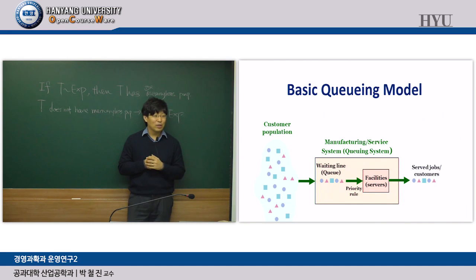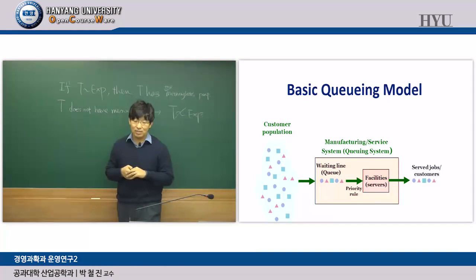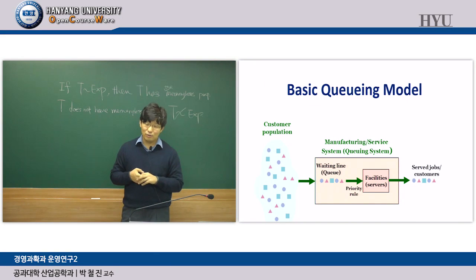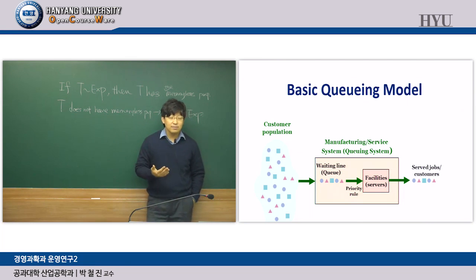Then what can you do? You can visit another dental clinic, right? Or you need to wait like 3 or 4 hours. You need to spend time. These concepts are very important when you design a service system or when you operate the system.